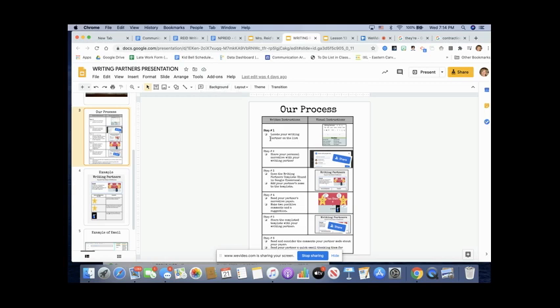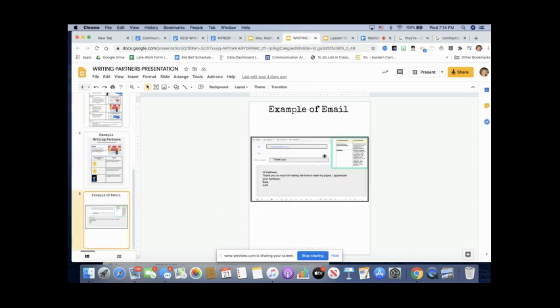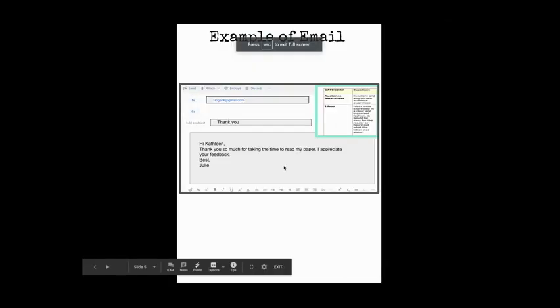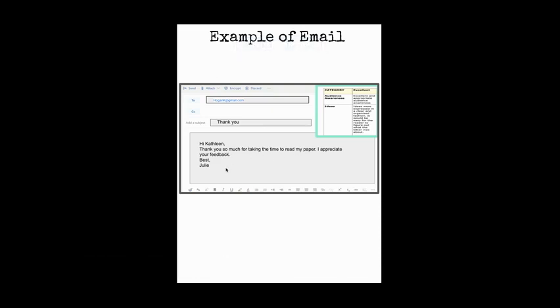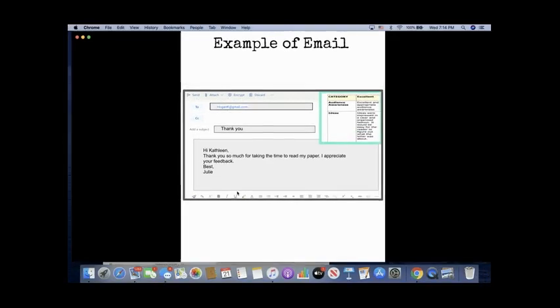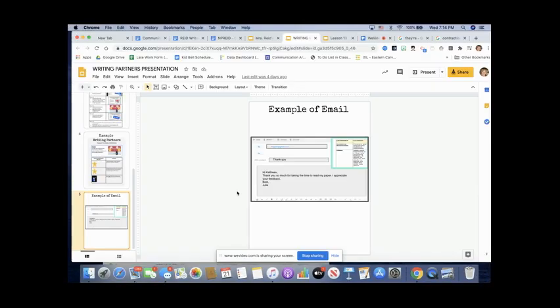And then you're going to read and consider what your partner said about your paper and send them a quick email back. So Kathleen, my friend, read mine. So I said, "Hi, Kathleen. Thank you so much for taking the time to read my paper. I appreciate your feedback. Best, Julie." It's that easy. But you do want to acknowledge when your partner has given you feedback.